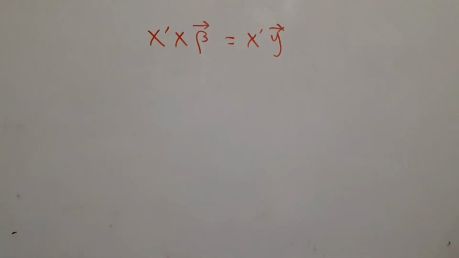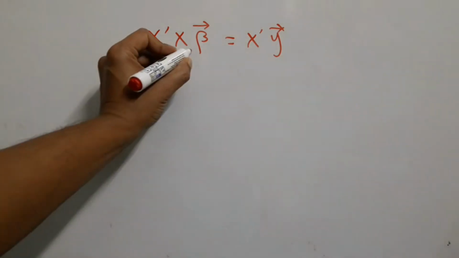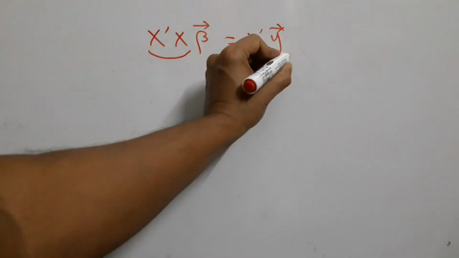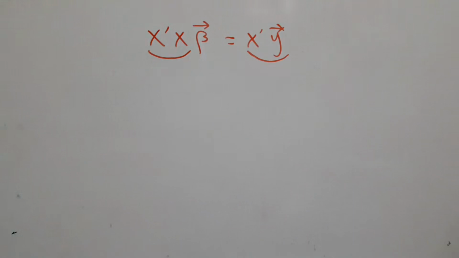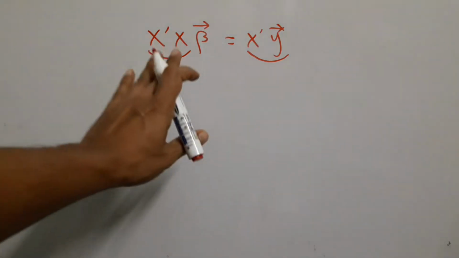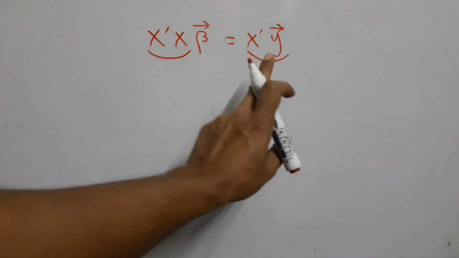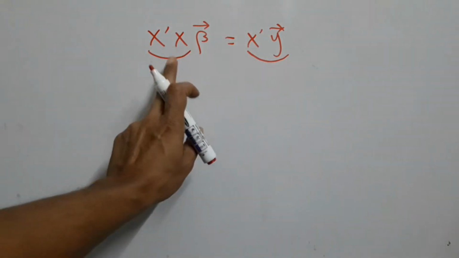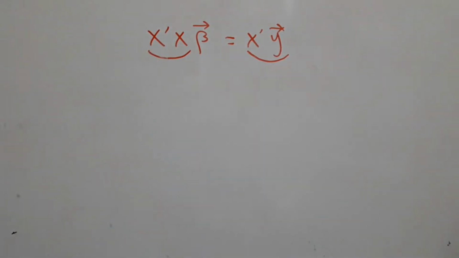Now for the second question, why should this system of equations be always consistent? Well, here this is the coefficient matrix and this is the vector of constants. So we know that this will be consistent if and only if this belongs to the column space of this.